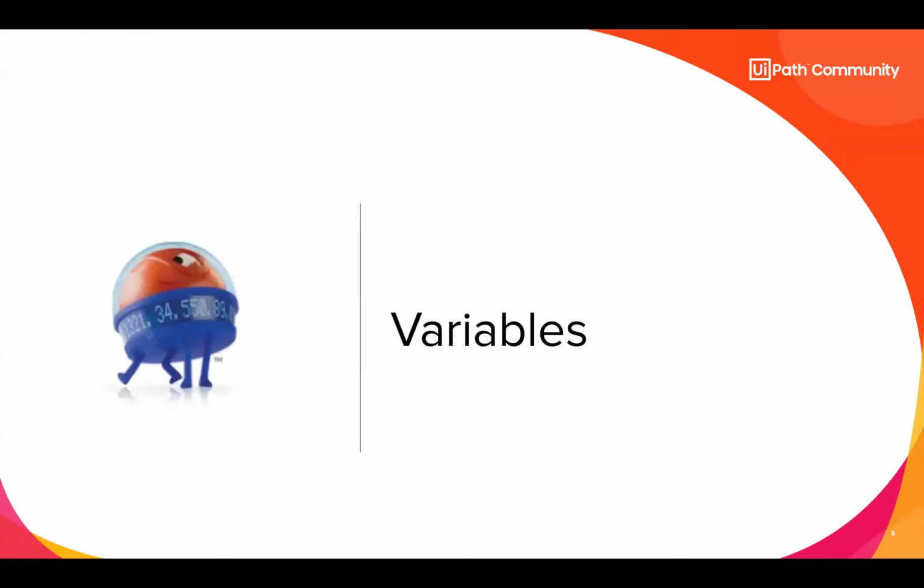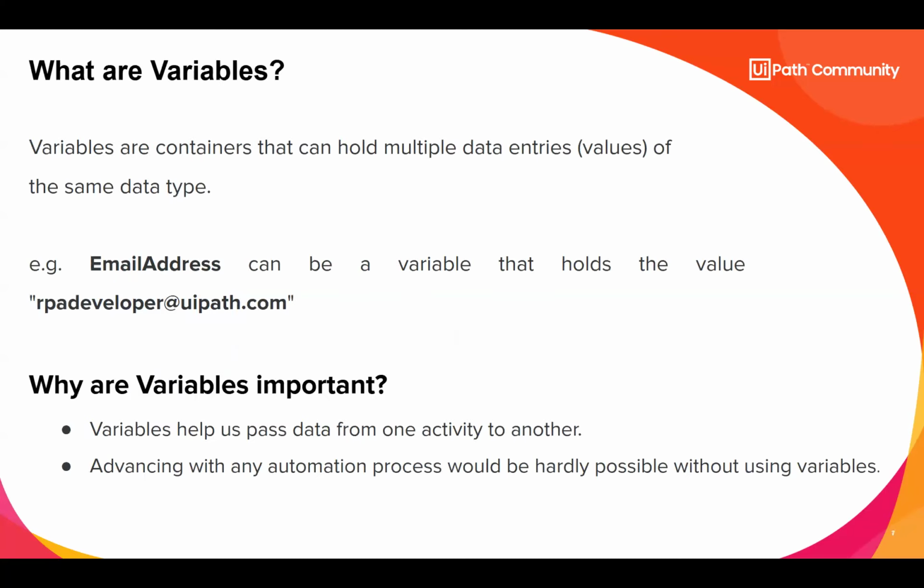So variables, I think this should be a familiar term for some of us, I mean, for the computer science students among us. And if you are not a computer science student, it's not a problem. Okay, so variables are containers that can hold data of the same value.